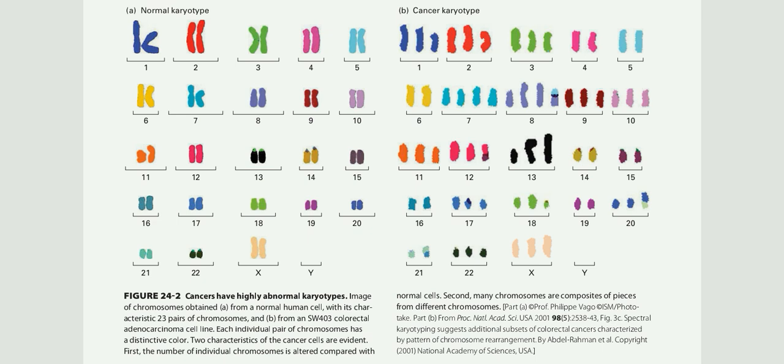Each individual pair of chromosomes has a distinct color. Two characteristics of cancer cells are evident. First, the number of individual chromosomes is altered compared with normal cells. Second, many chromosomes are composites of pieces from different chromosomes. So that's the difference.